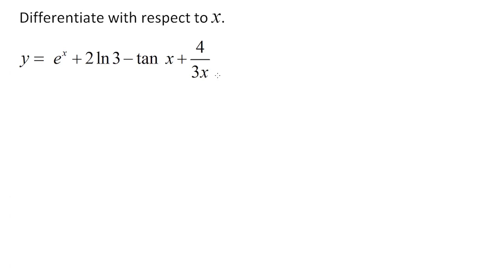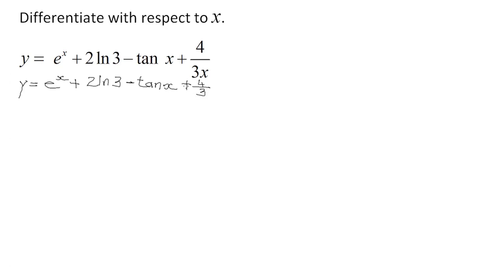So, in other words, my very first step will be to write term number 4 in standard form, which means I'm going to start by saying y is equal to e^x, no problem, plus 2 ln 3, no problem, minus 10x, no problem, plus 4 over 3.